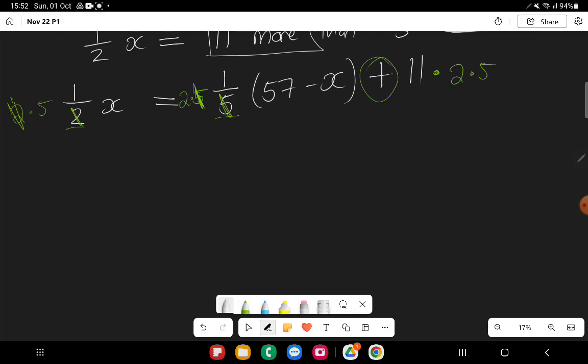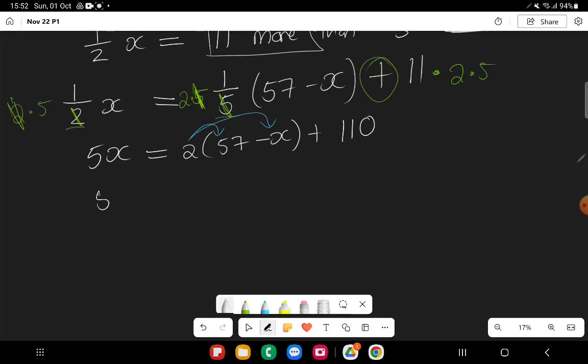So what do we have? We have 5x is equal to 2, open bracket, 57 minus x, plus 2 times 5 is 10. 10 times 11 is 110. Let's multiply this bracket out. So I'm going to distribute that.